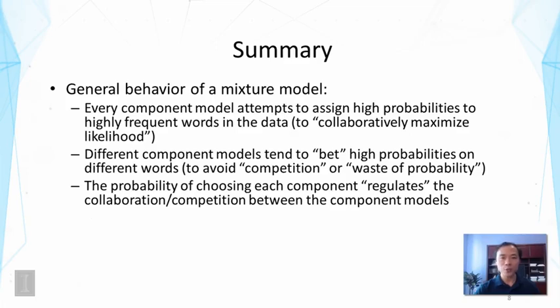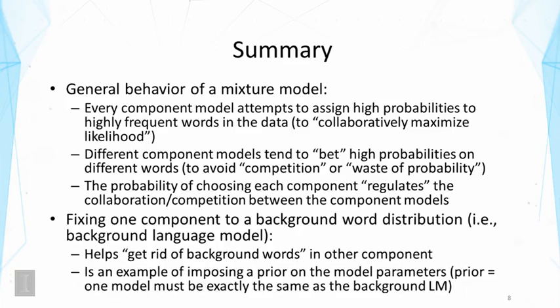Third, the probability of choosing each component regulates the collaboration and competition between the component models. It would allow some component models to respond more to the change, for example, of the frequency of a data point in the data. We also talked about the special case of fixing one component to a background word distribution.